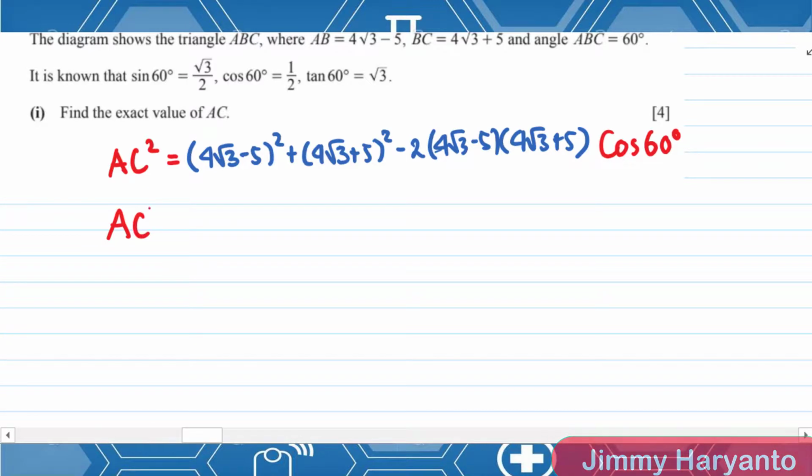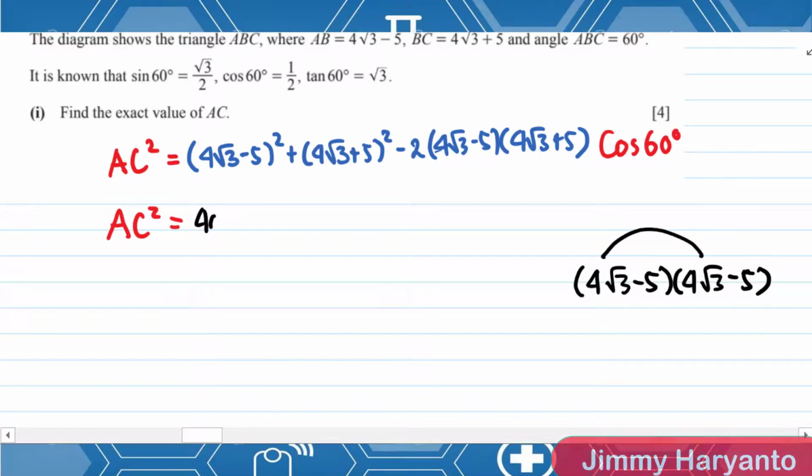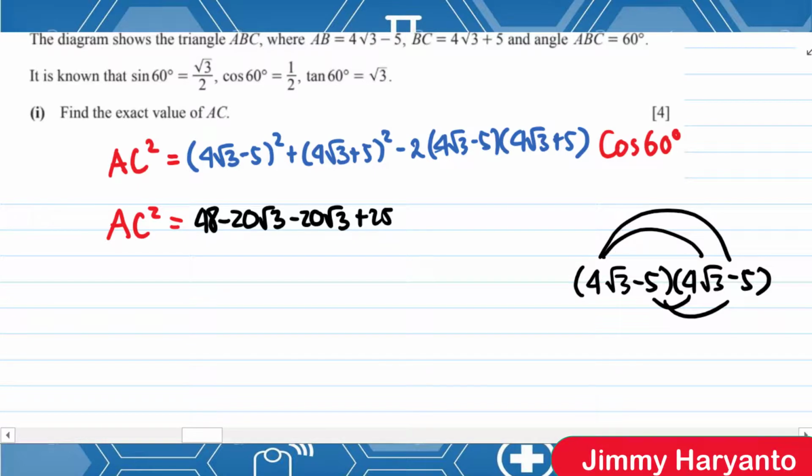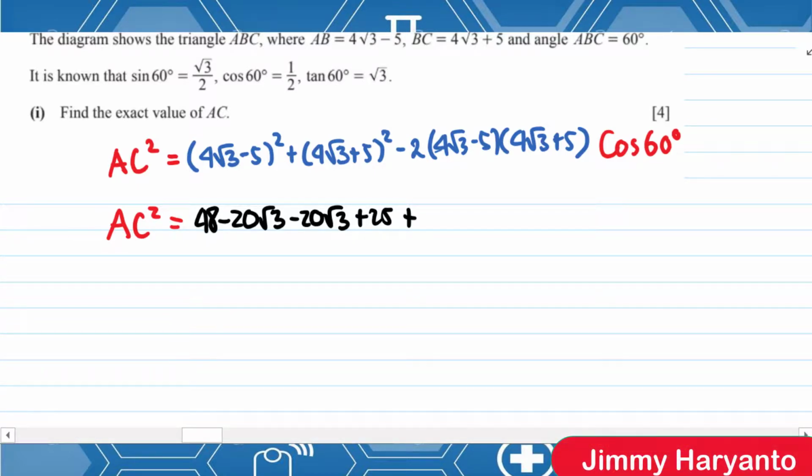Okay, let's calculate this. AC squared equals, when you square this one, 4 square root of 3 minus 5 times 4 square root of 3 minus 5, it will become 16 times 3, 48. This one is negative 20 square root of 3. This one is negative 20 square root of 3. And the last one is plus 25. For the plus one, it will be the same, but the sign will be plus, all of them. Plus 25.